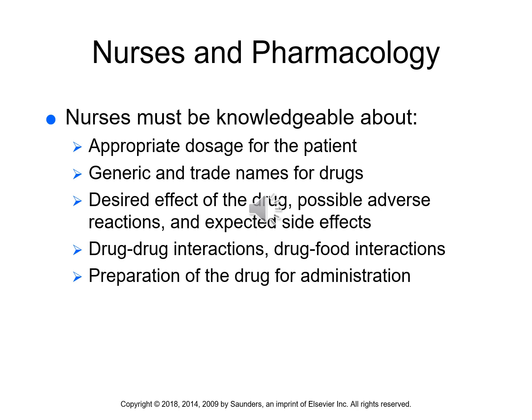You need to know generic and trade names of medications, the desired effect of the drug, possible adverse reactions, expected side effects of that drug, and drug-to-drug interactions. So the person's taking this and this medication, and knowing that there could possibly be an interaction between the two, drug and food interactions, and preparation of the drug for administration.